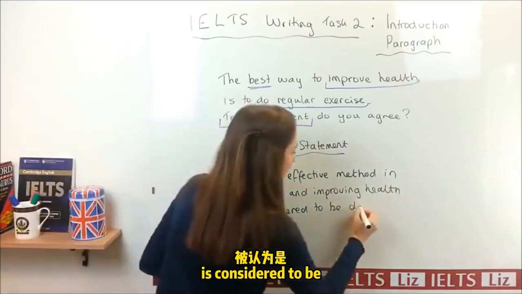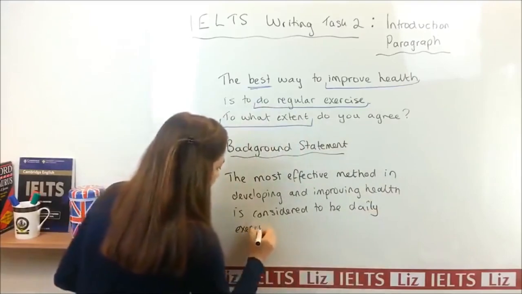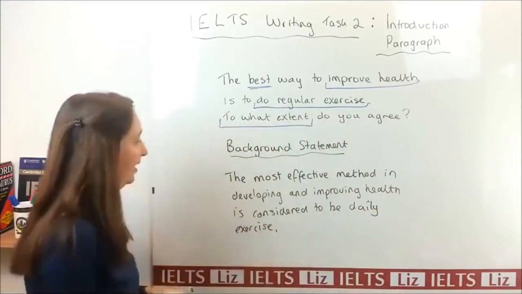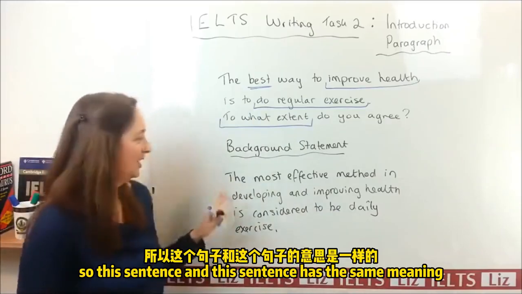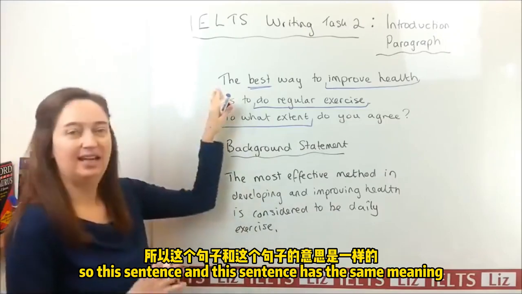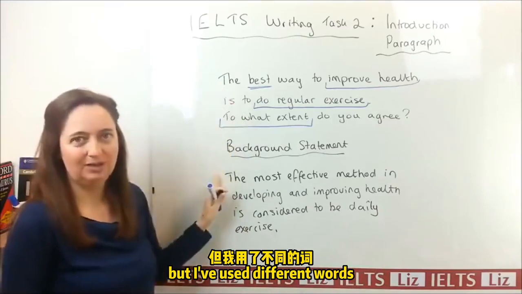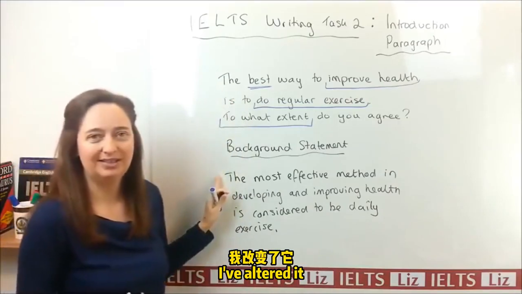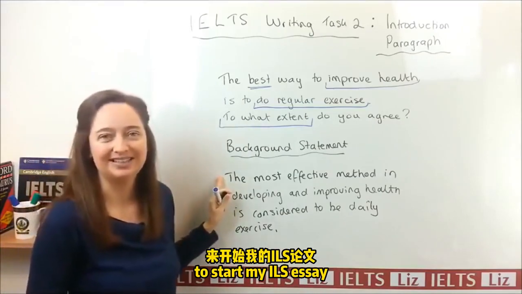It's considered to be daily exercise. Now I have finished my background statement. So this sentence and this sentence has the same meaning, but I've used different words, I've altered it, and this is my background statement to start my IELTS essay.